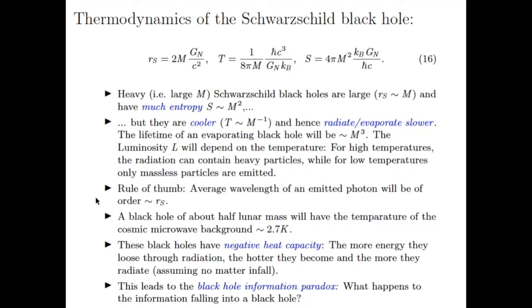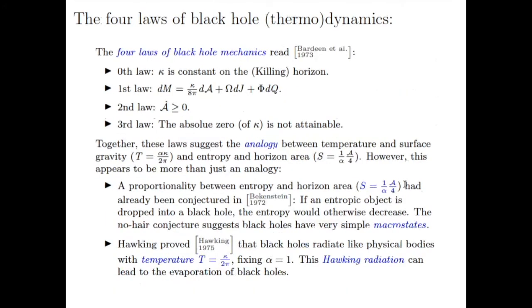And the presence of this black hole radiation implies the black hole information paradox that we're going to look at more closely in the next lecture, namely what happens to the information that fell into a black hole. Obviously, if it wasn't for this radiation, then this identification of entropy with the area would be sufficient to answer the question, what happens to the information that falls into a black hole?